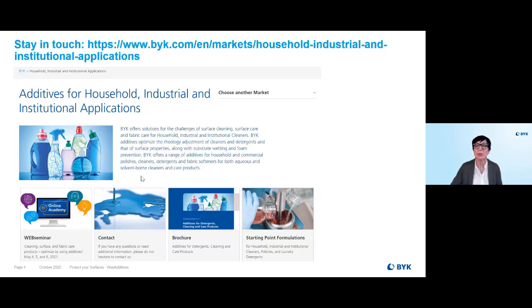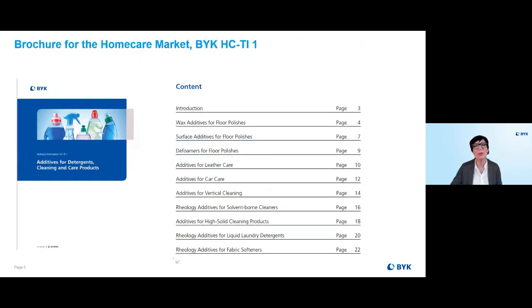You can find our brochure, which you can download, and our starting point formulations. Just one word about our brochure. Here you see the content of the brochure, where we go even more into detail by application, covering all applications we talked about during the 3 days.